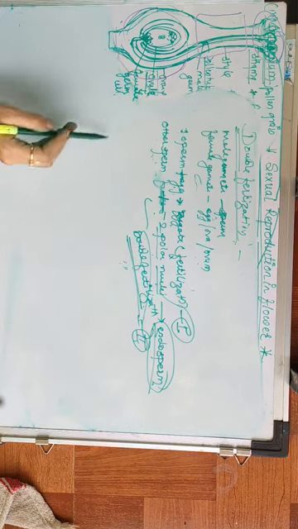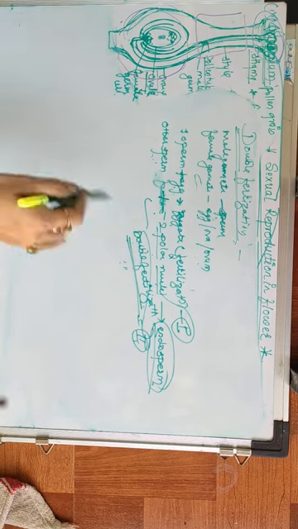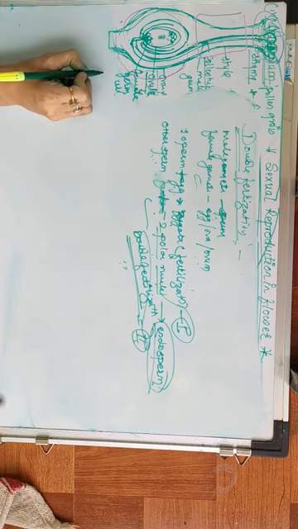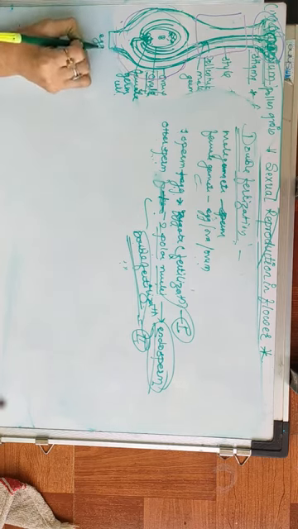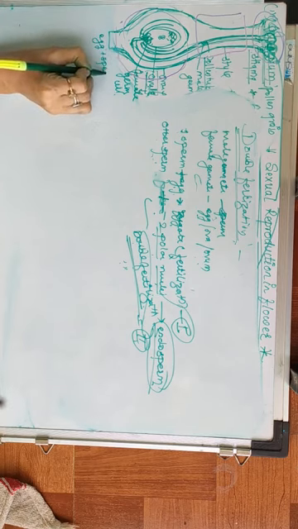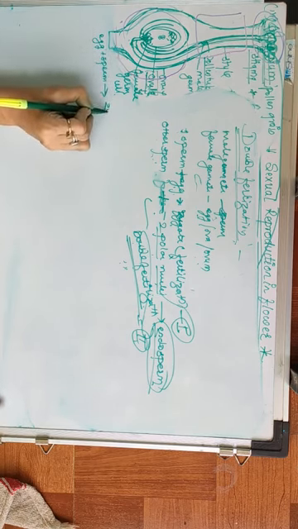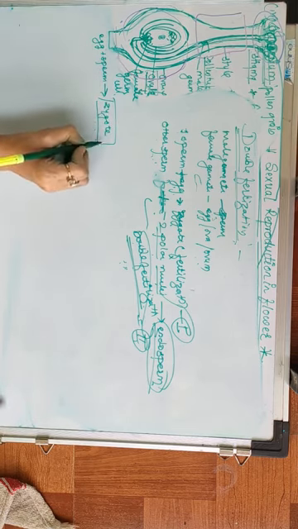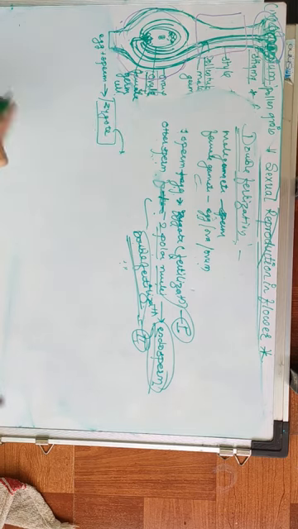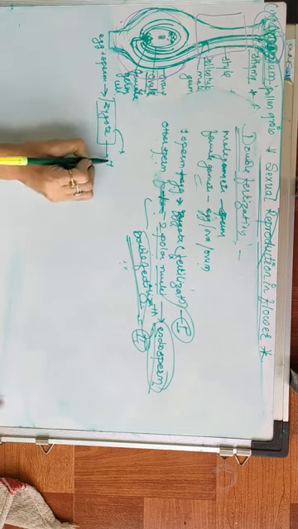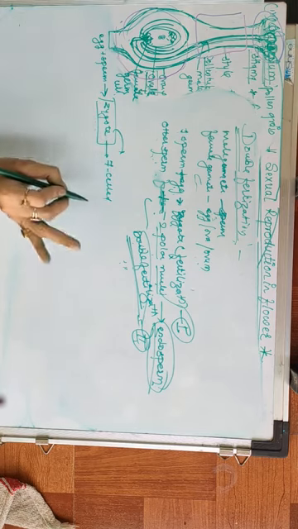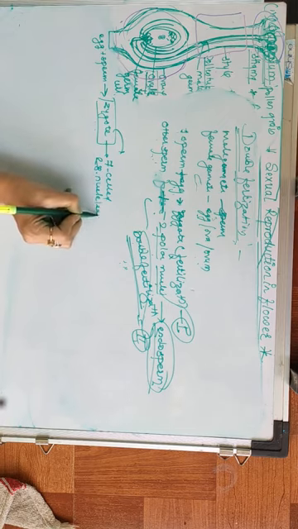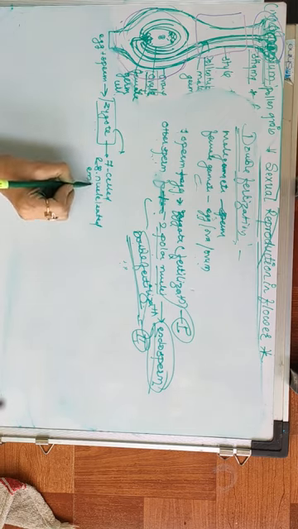As we know how it occurs, that I will tell you. Okay, how double fertilization occurs. So now you can see the egg is there, sperm is there. What do they form? They form a zygote. Okay, now the zygote divides so many times to form a 7-celled, I repeat, 8-nucleated embryo sac.